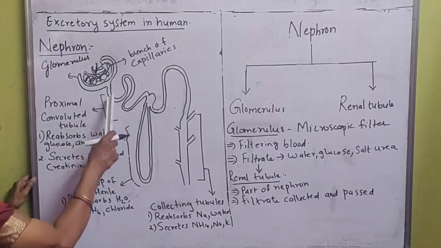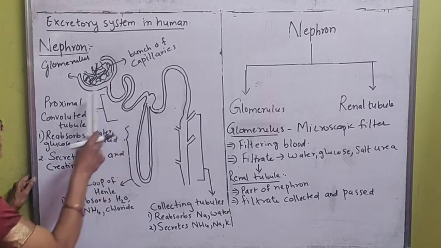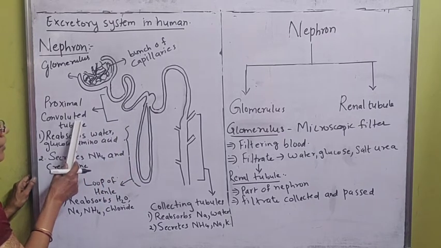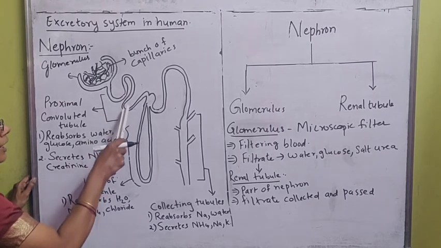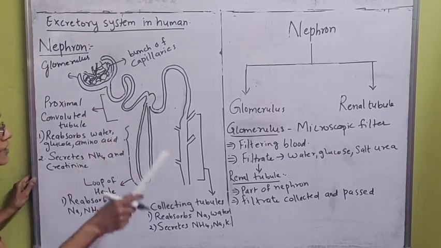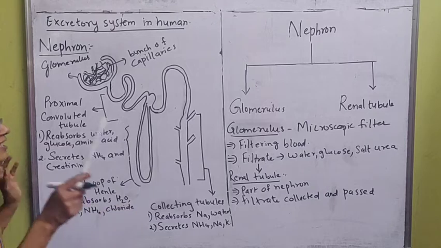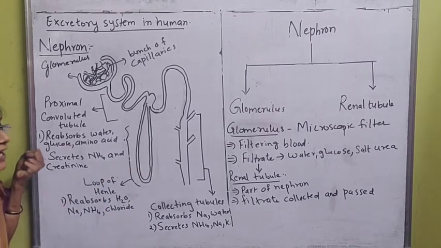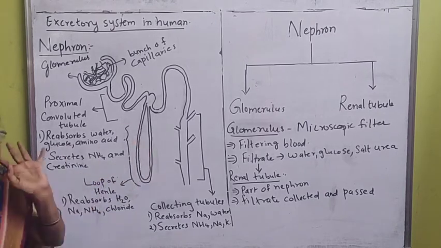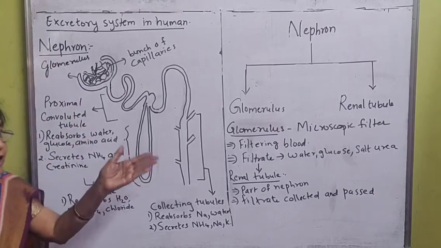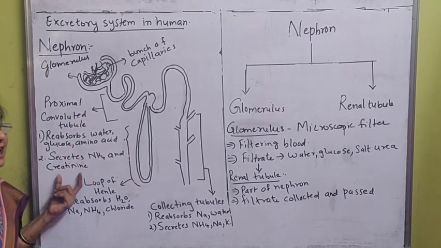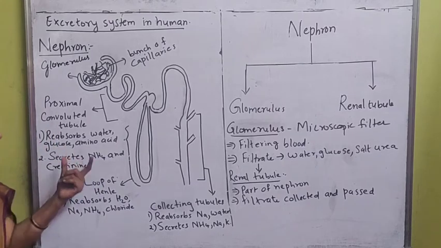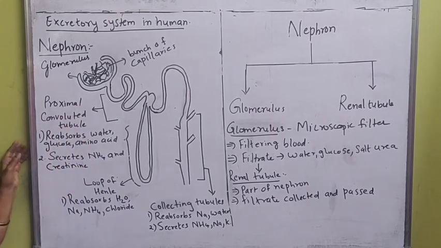The starting part of the renal tubule is called the proximal convoluted tubule. The filtrate passes through it. Glucose, amino acids and water, which are needed, will be absorbed by this tubule. Salt and urea won't be absorbed and will move further, and it also secretes ammonium and creatinine, which are further needed. That is the function of the proximal convoluted tubule.